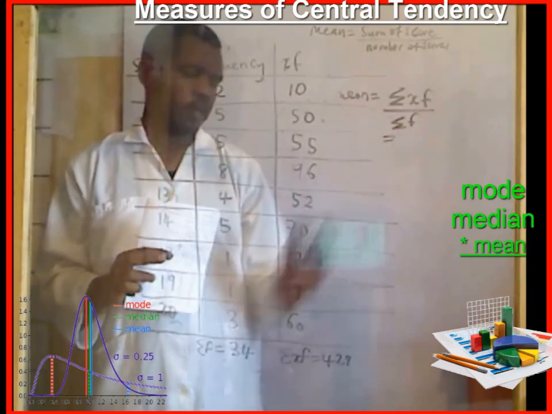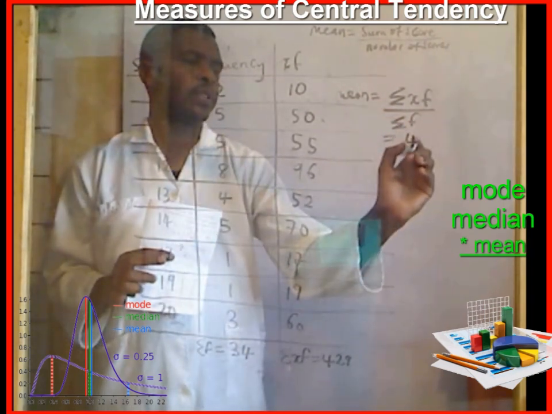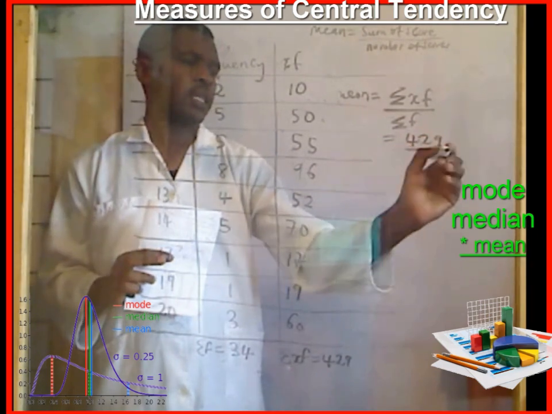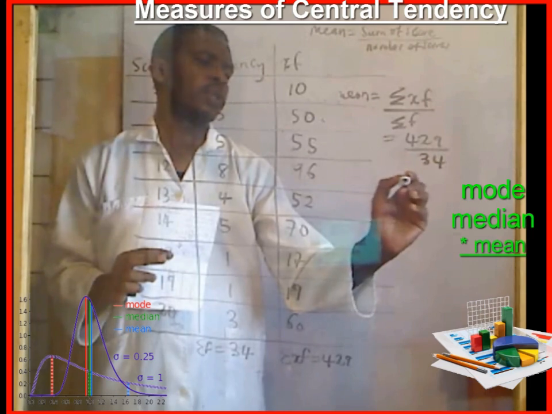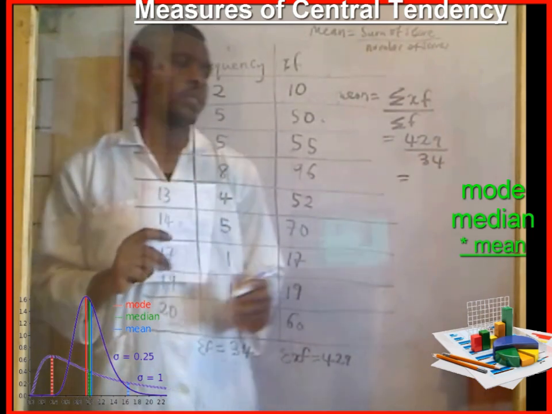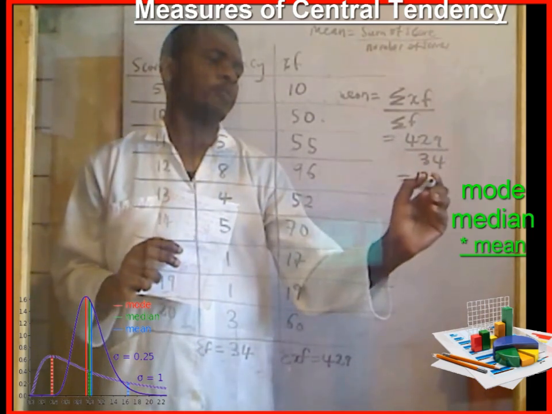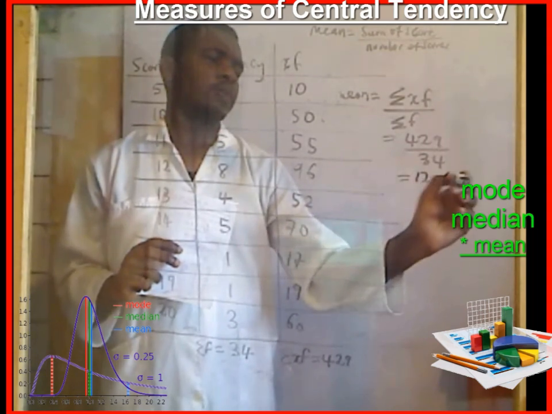So this is equal to 429 divided by 34. Our mean is equals to 12.617.